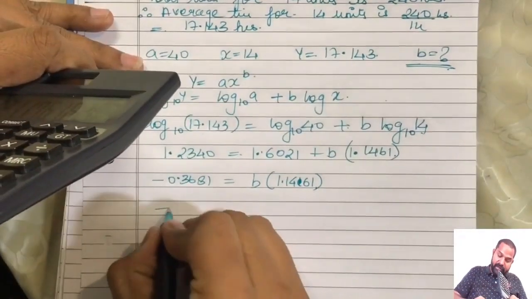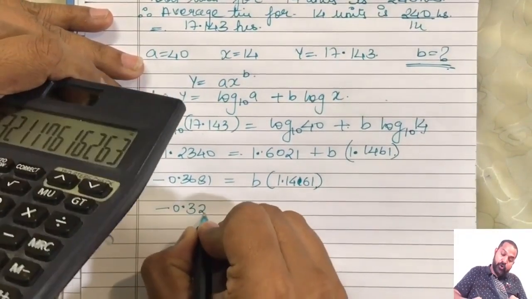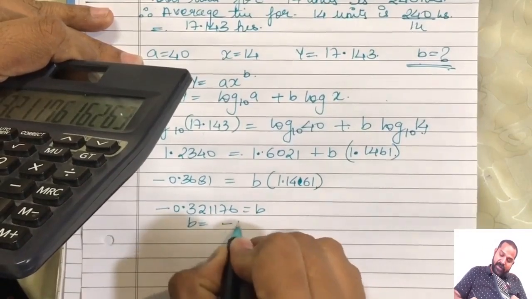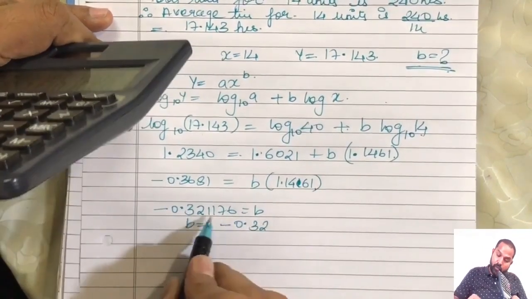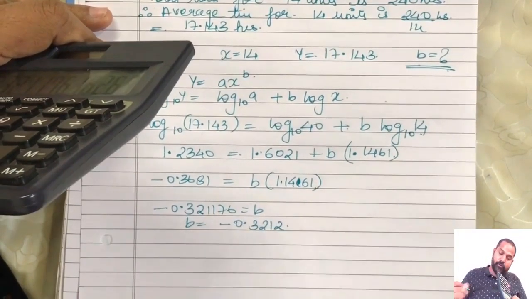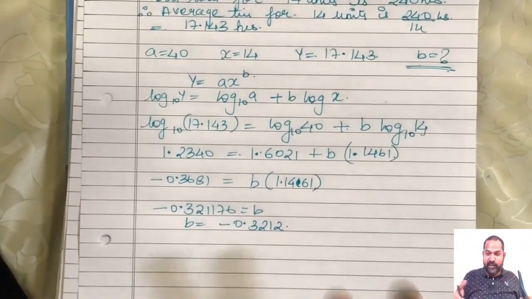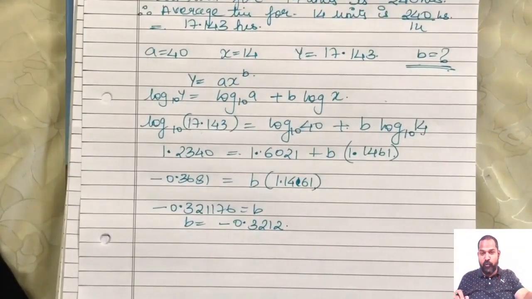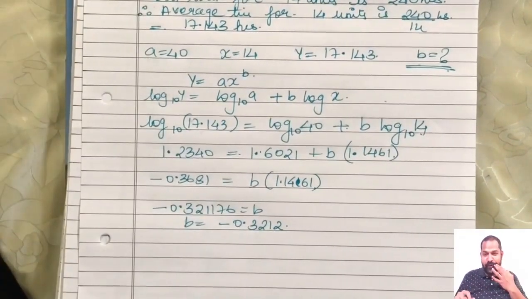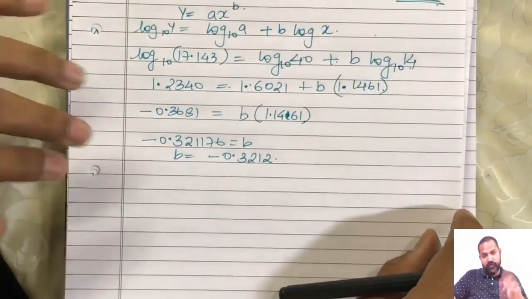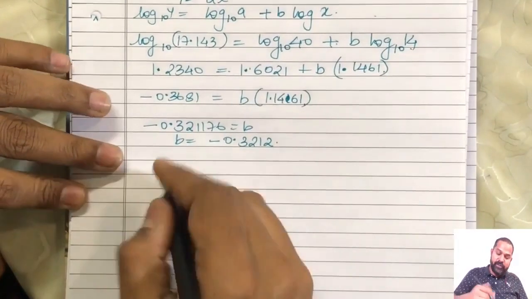So B is a negative 0.32. I am approximating this and writing it as 0.3212. Isn't this 0.322? And you know that the learning curve for 80% is 0.322, which means it's correct, no? But we can't declare it. We will continue.